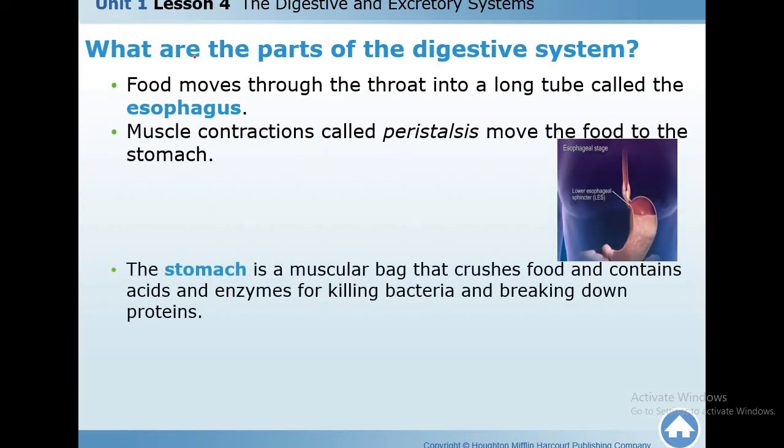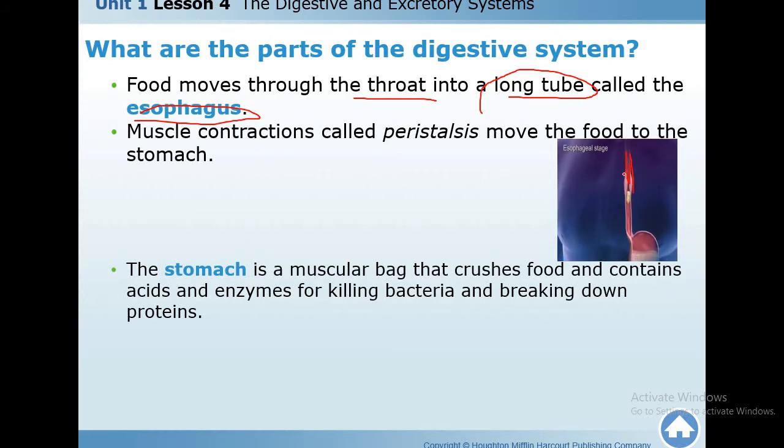Then, after you eat food from your mouth, food moves through the throat into a long tube. This long tube is called the esophagus. So after the mouth, food passes through a long tube called the esophagus. Look here at this picture.